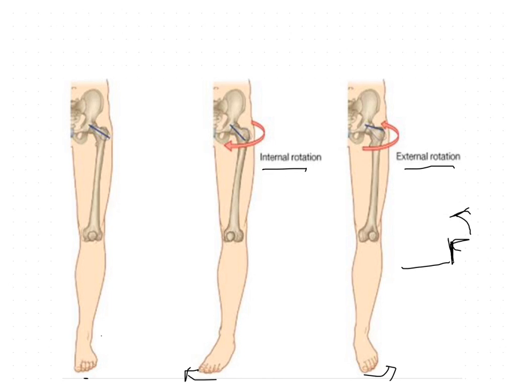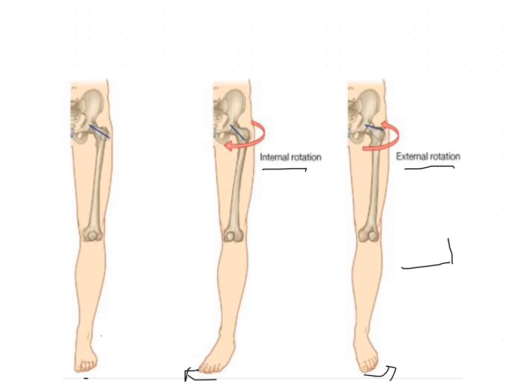The femoral anteversion is correlated with decreased range of lateral rotation and, less strongly, with increased range of medial rotation. We have seen this in torsion, isn't it?